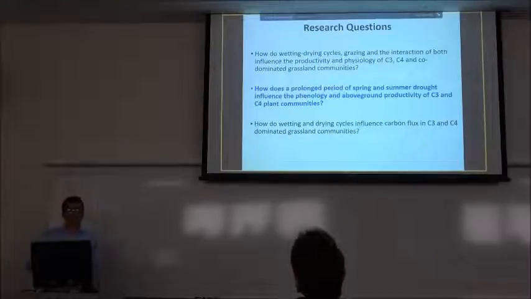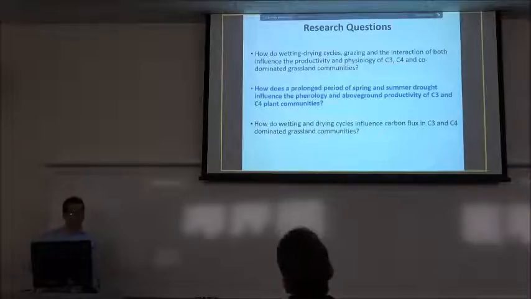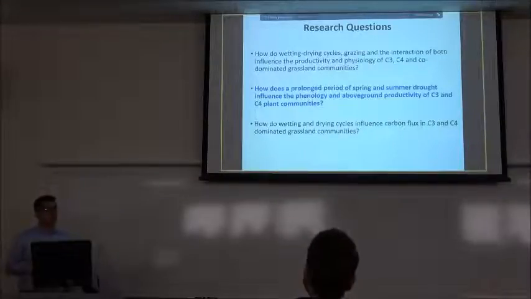So the second question for my research is: how does the prolonged period of spring as well as summer drought influence the phenology and above ground productivity of C3 and C4 plant communities?